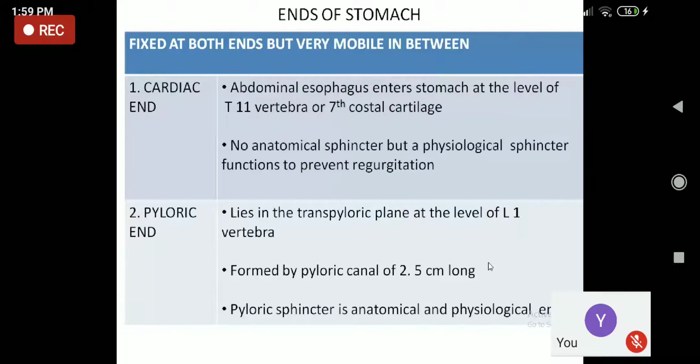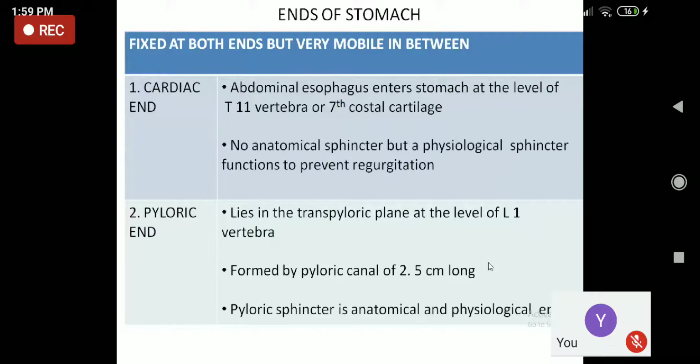Cardiac end is where the abdominal part of the esophagus enters the stomach. The vertebral level is the body of the 11th thoracic vertebra, or just behind the left 7th costal cartilage. This is the bony level of the cardiac end, or the lower end of the esophagus. At the same point, the esophagus ends and the stomach begins.